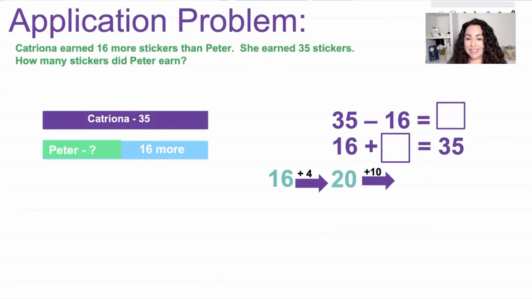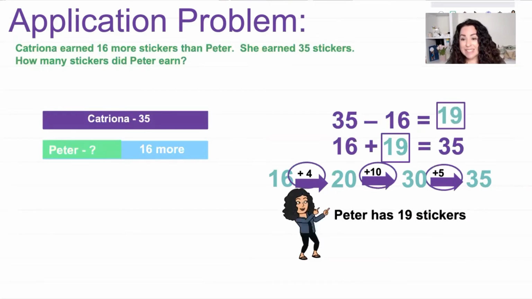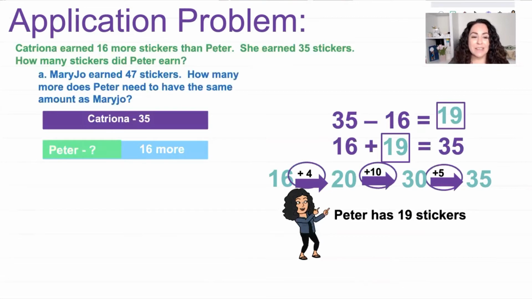And then I'm going to jump 10 because that'll take me to 30. And then if I jump 5 more, I get to 35. So now if we add all of our jumps together, we have 10 plus 5, which is 15, and then 4 more is 19. So we can put the answer in right there, and we can say Peter has 19 stickers. Okay, there's part A.